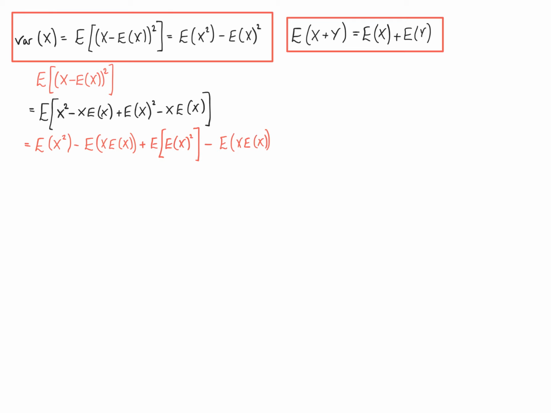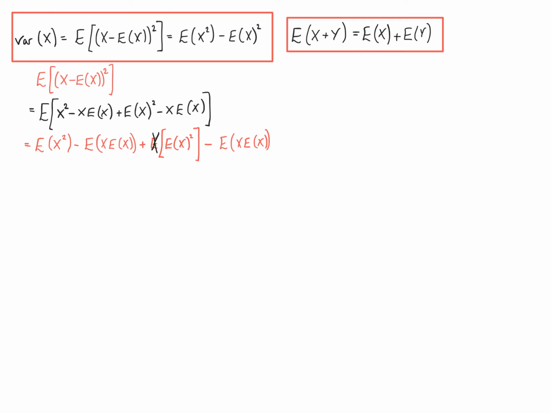Now, the expectation of x is just a constant, and similarly E of x all squared is just a constant, and the expectation of any constant is just equal to that constant. So the third expectation term can just disappear.